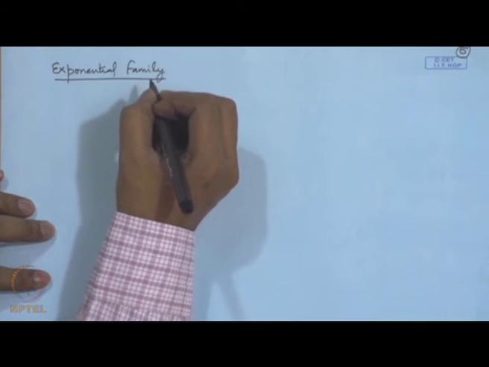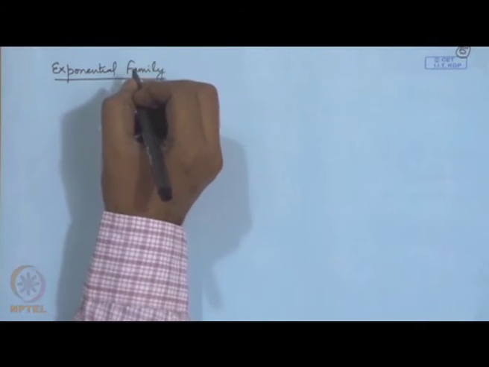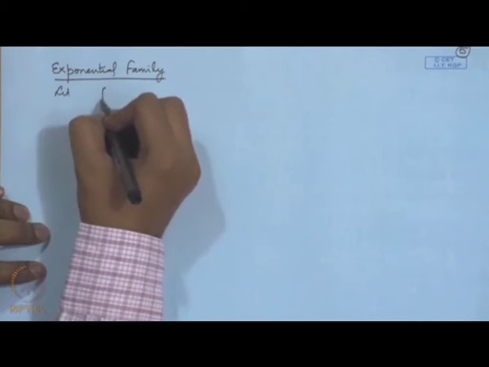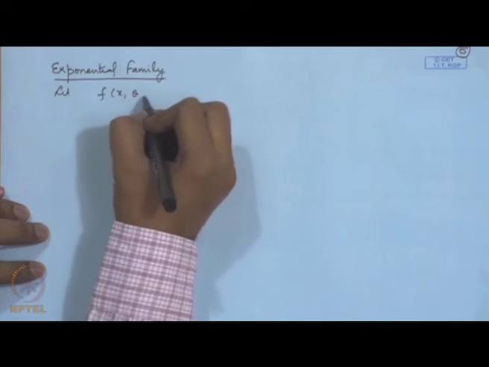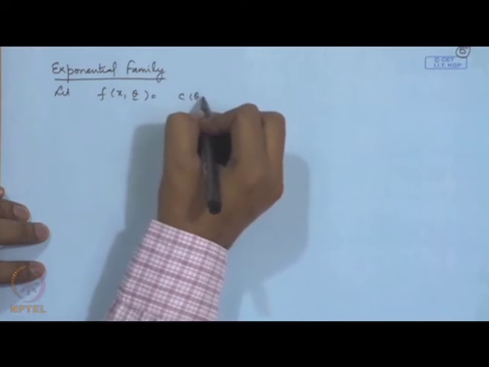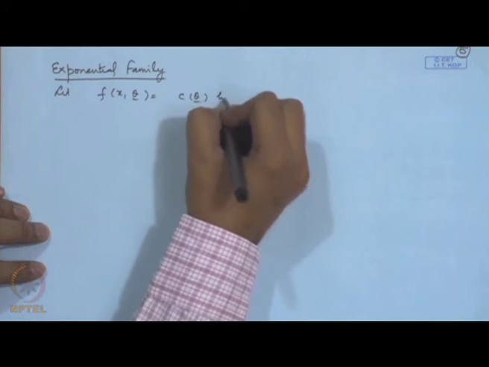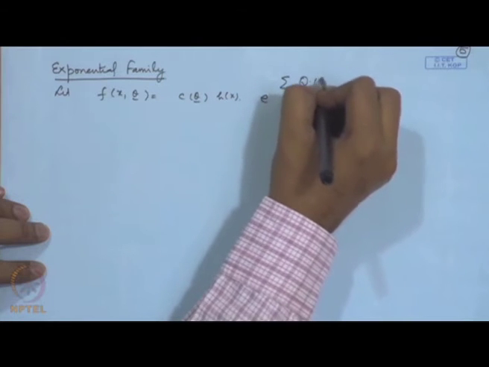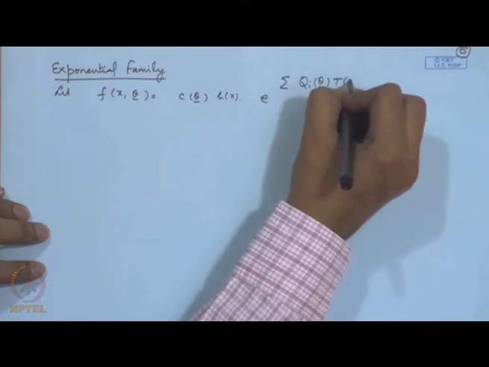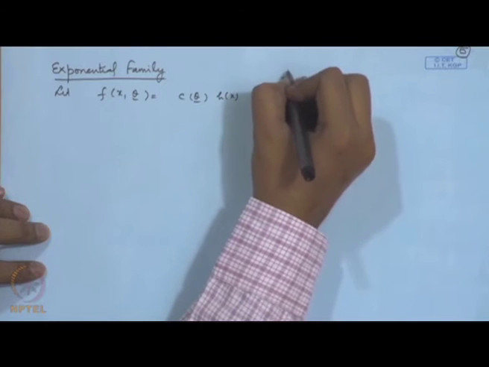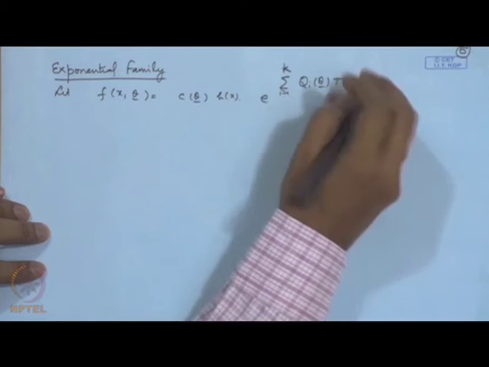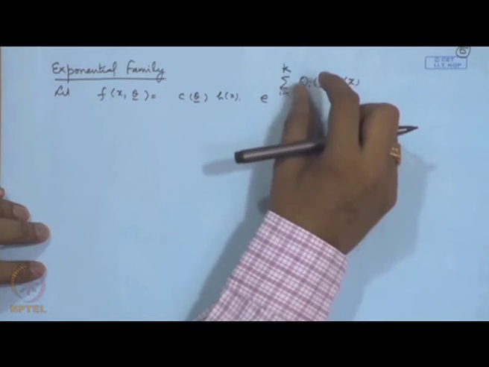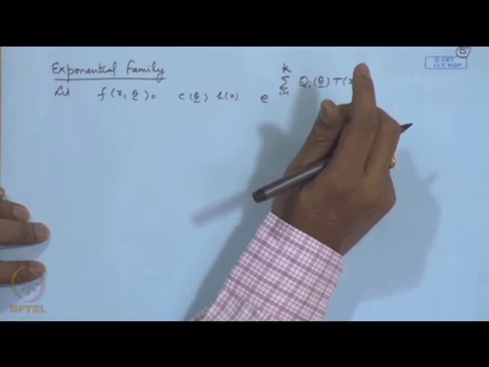So, if we are considering a k dimensional exponential family, let f x theta be equal to c theta h x e to the power sigma q i theta t i x, i is equal to 1 to k. This is called a k dimensional exponential family, provided the parameter space contains a k dimensional rectangle.